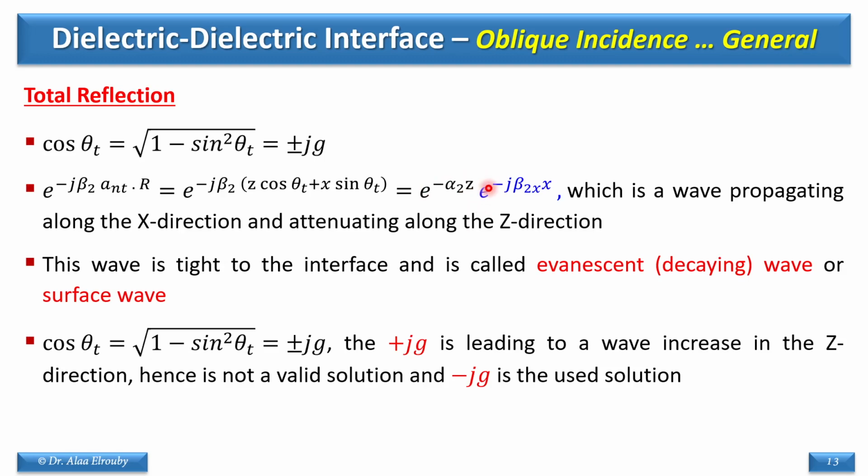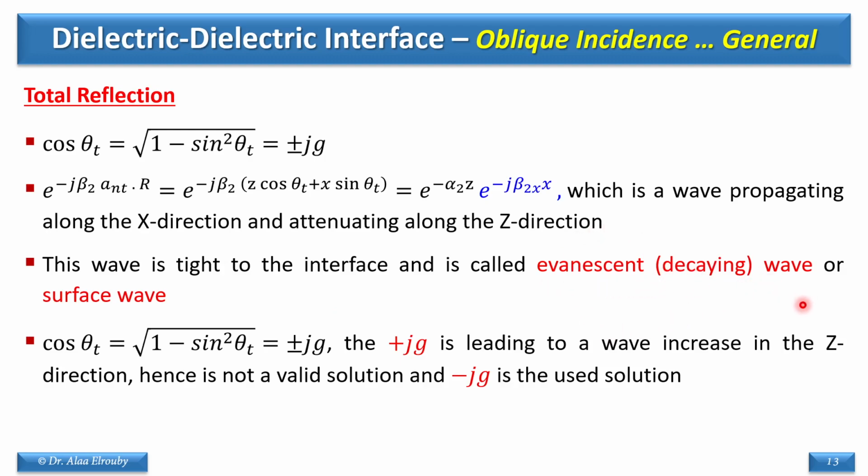What is the meaning of this? It means that there is a decay in the z direction. And it means that there is a propagation in the positive x direction. So the wave is propagating on the surface and decaying in the z direction. That's why it's called a surface wave, or evanescent wave, or decaying wave.